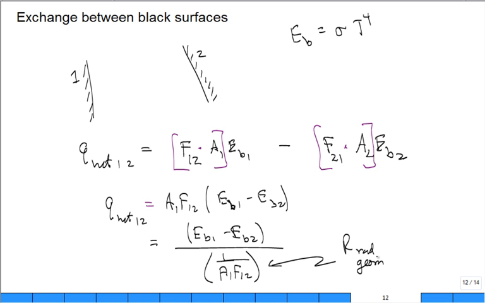That's all it is. So it's a geometrical resistance: how well they see each other, how big they are, as well as how well they see each other. And so that resistance is 1 over A1 F1 to 2, or 1 over A2 F2 to 1. It's the same thing, the same magnitude. So that's our geometric resistance.